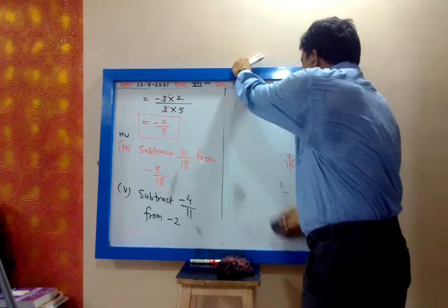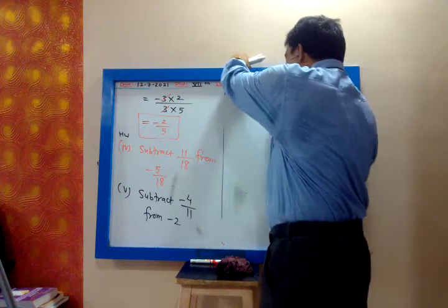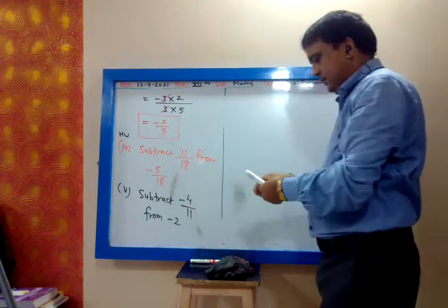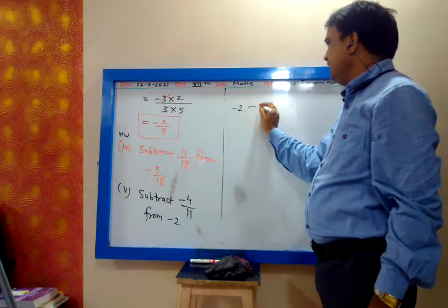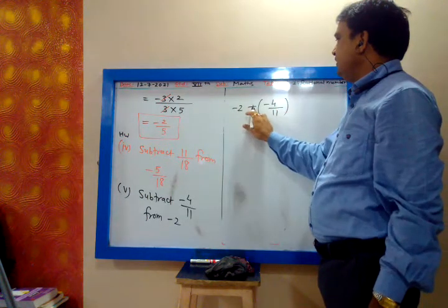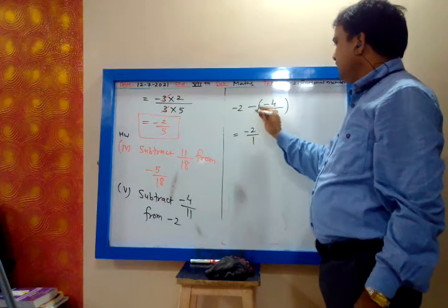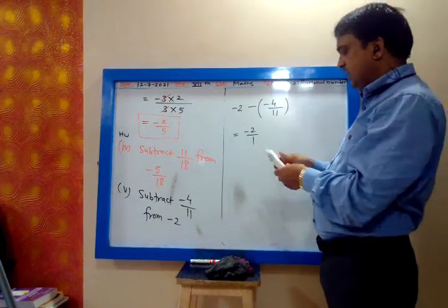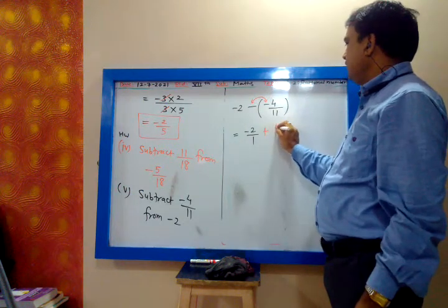How you will write this? Minus 2 you will write minus 2 upon 1. So this is same as minus 2 minus, minus 4 upon 11. Because of this subtract there is minus sign. Then whenever two signs are together, you have to multiply minus into minus plus 4 upon 11.